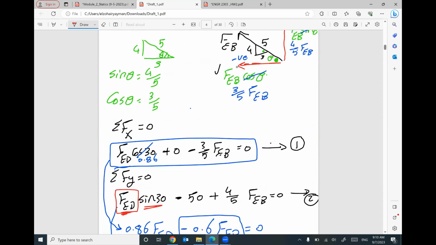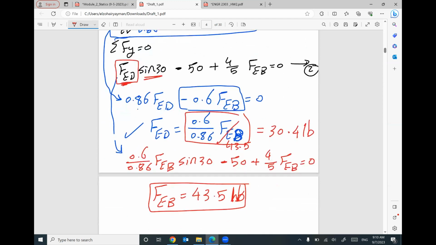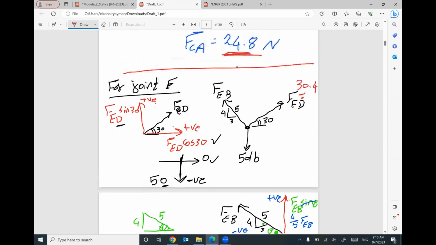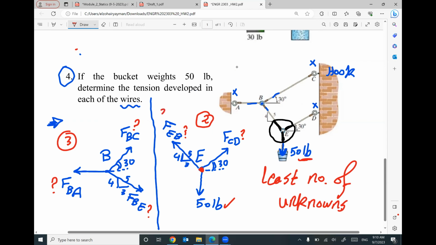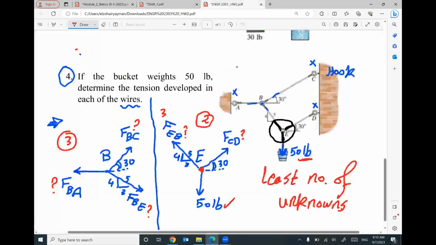FEB (43.5) pound. So this one, how much? 43.5, and this one 30.4.